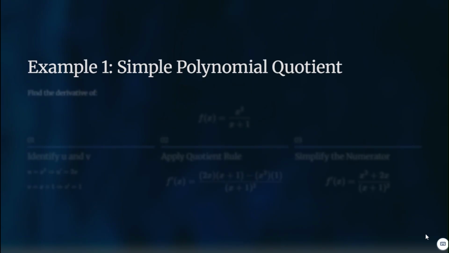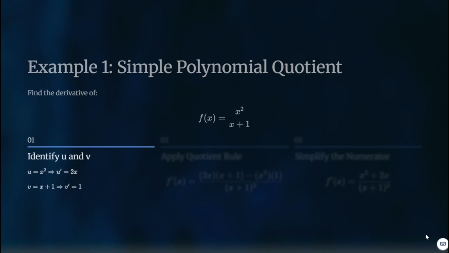Here's our first example. We want to find the derivative of f of x equals x squared over x plus 1. First, let's identify u and v. U is our numerator, x squared, and v is our denominator, x plus 1. The derivative of u, that is u prime, will be equal to 2x, and the derivative of v, v prime, will be equal to 1.